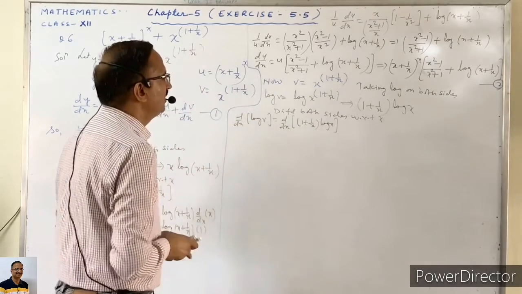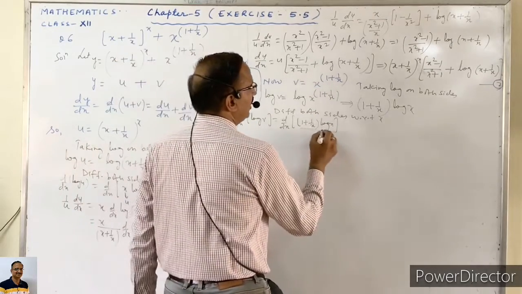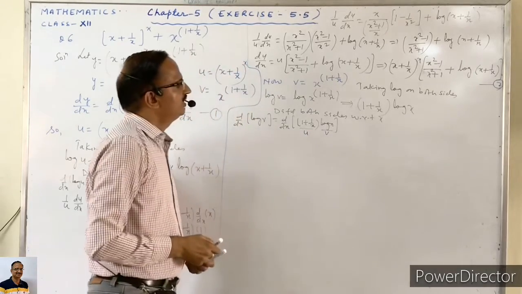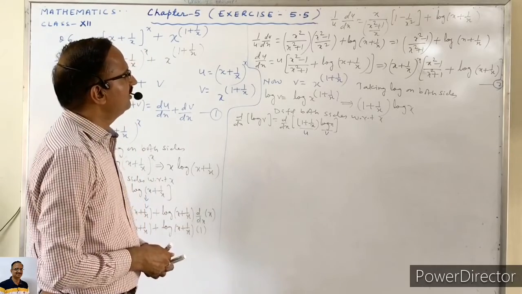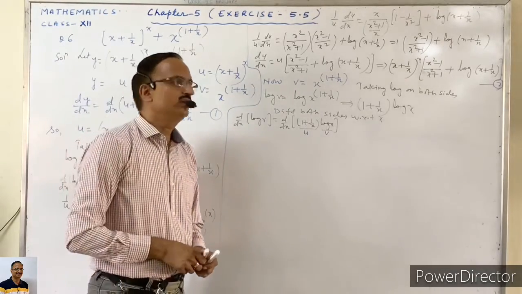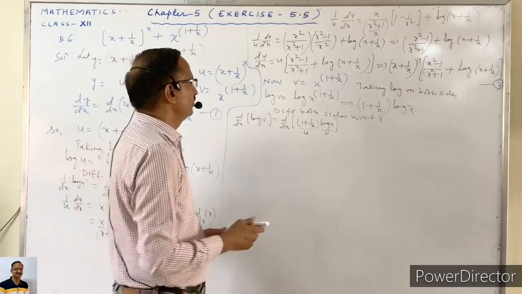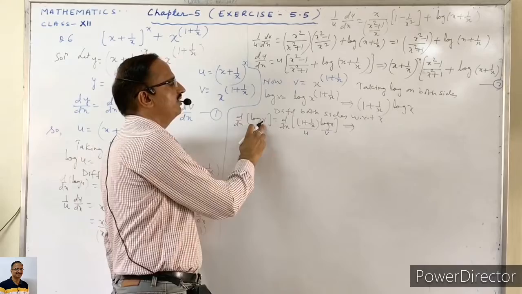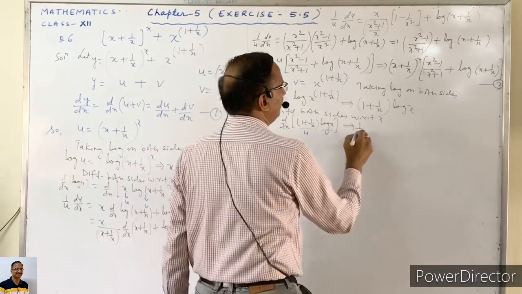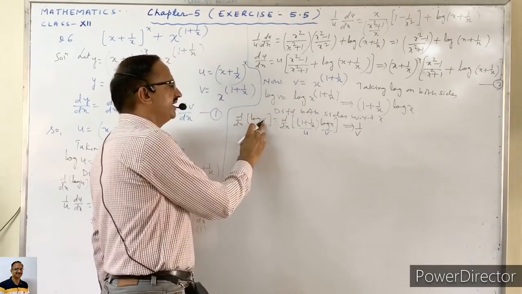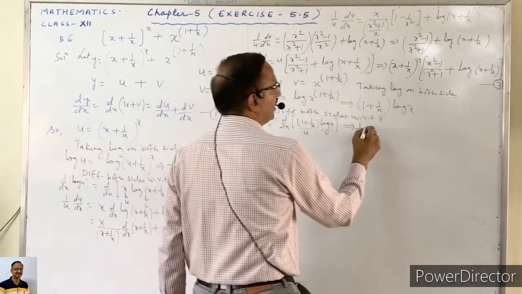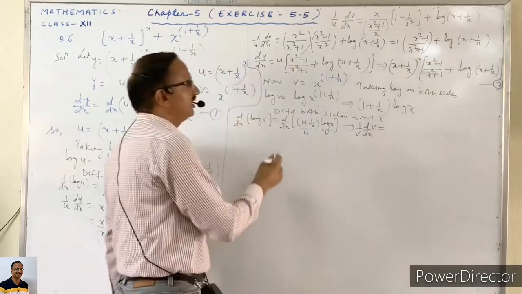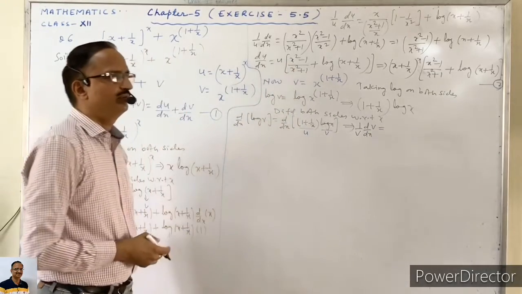Now on the right hand side these two are in product, so this is u and this is v. So these functions are in product, so again we can use the product rule on the right hand side. When we differentiate, on the left hand side the derivative of log v is 1 by v dv by dx. Now on the right hand side we will use product rule.